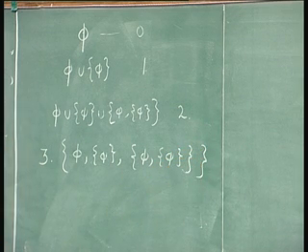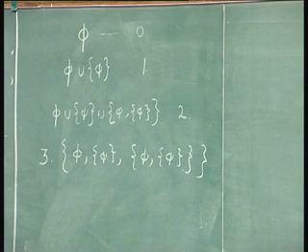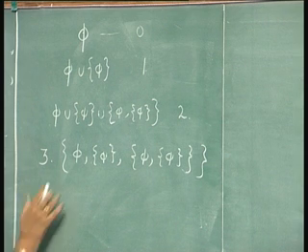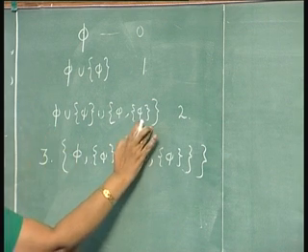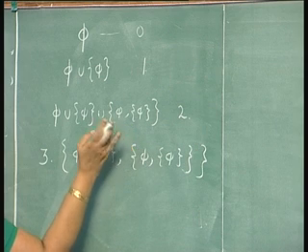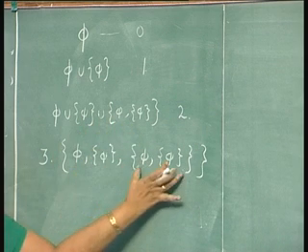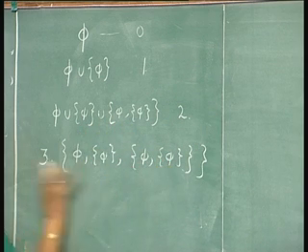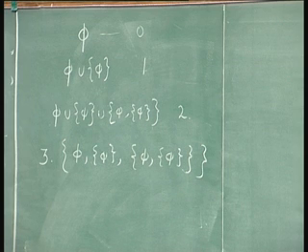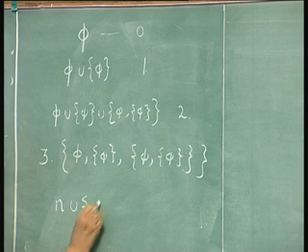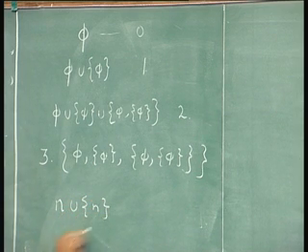This has got 3 elements. So, n union {n}, this put within parenthesis, will give you the next number n dash.